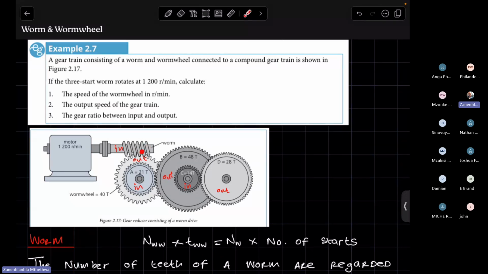What quantities do we have for the worm? We have the worm's rotational frequency and its number of starts. So we can simply use the relationship between the worm and worm wheel, seeing that they are meshing.